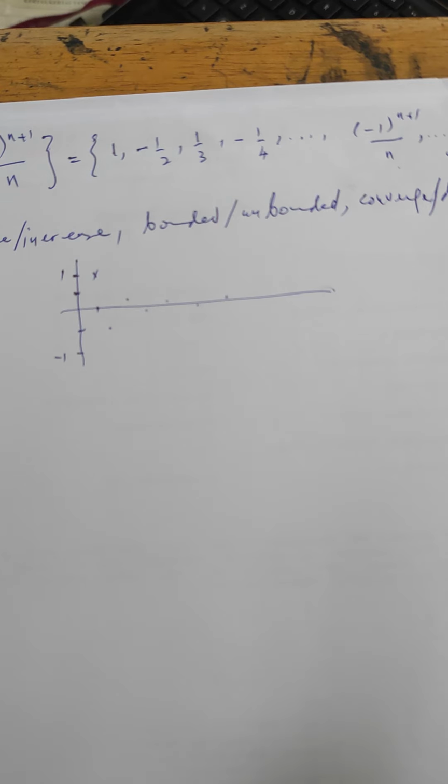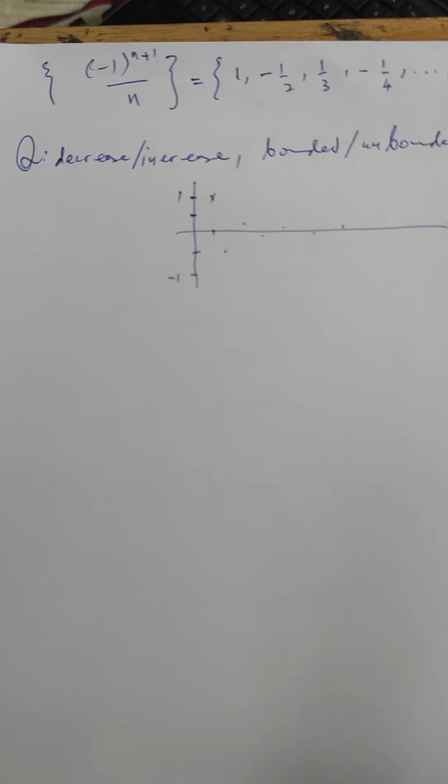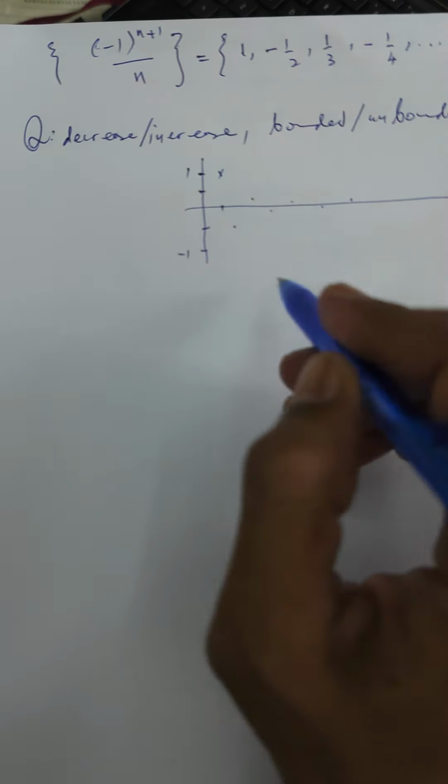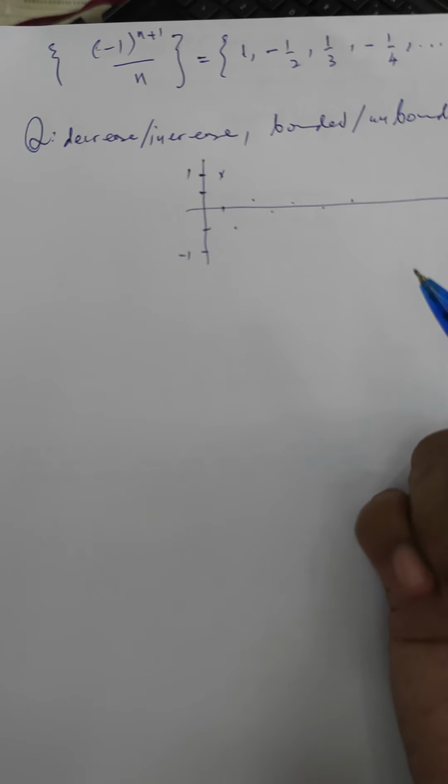Now, let me discuss a little bit further the boundedness of the sequence. I hope up to now you have an idea of what we mean when we talk about a sequence.